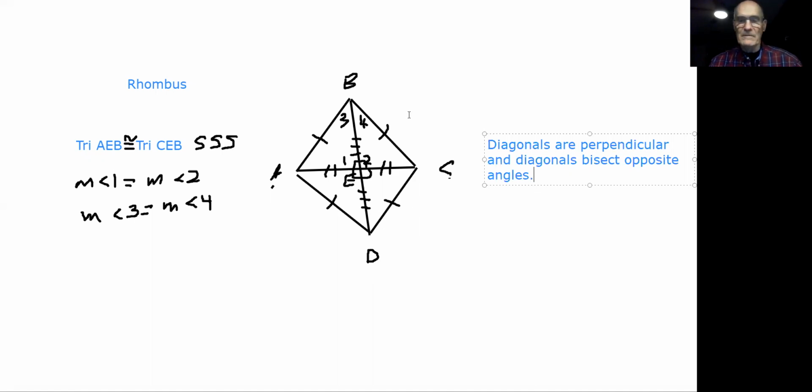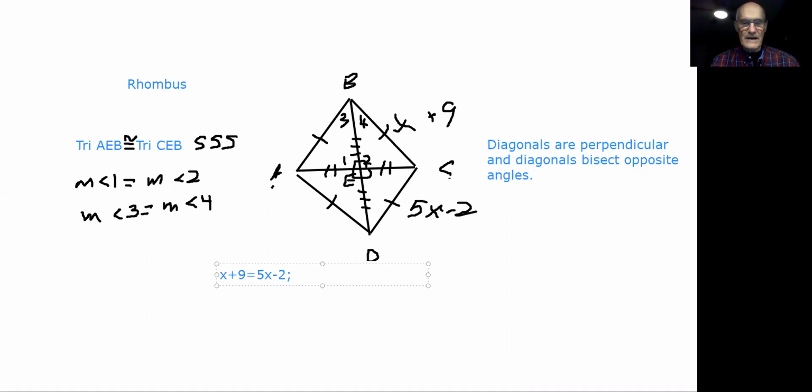Now, if I come in here with a problem like this, where BC is x plus 9 and CD down here is 5x minus 2, and I want to solve for x, because all of the sides of a rhombus are congruent, I can say that x plus 9 equals 5x minus 2.